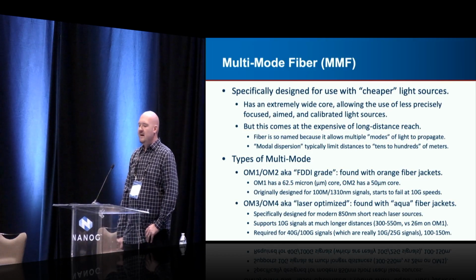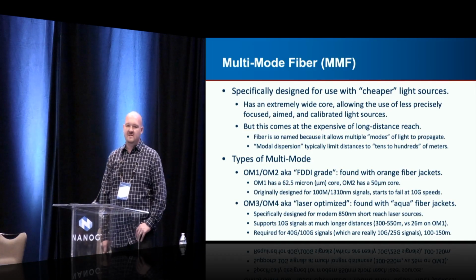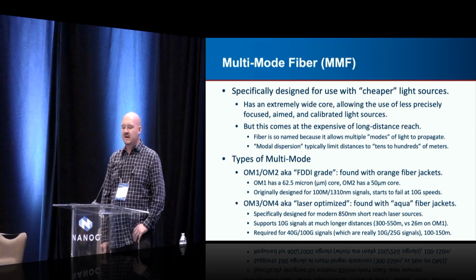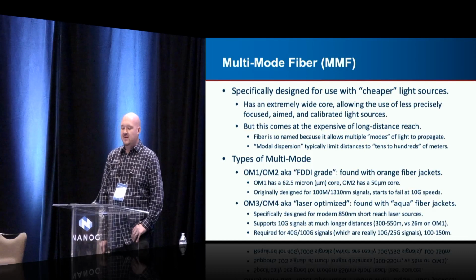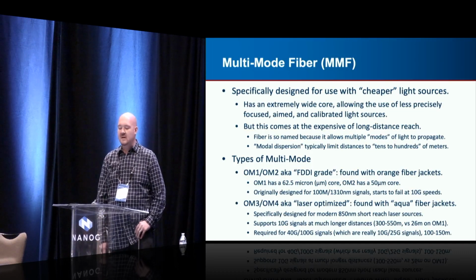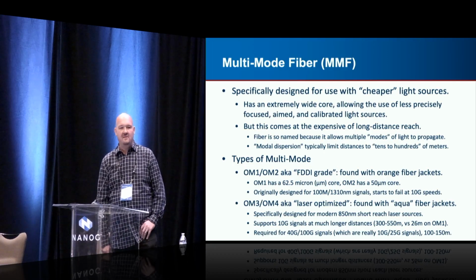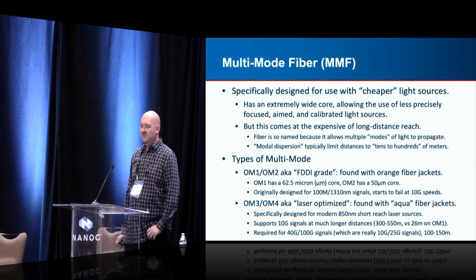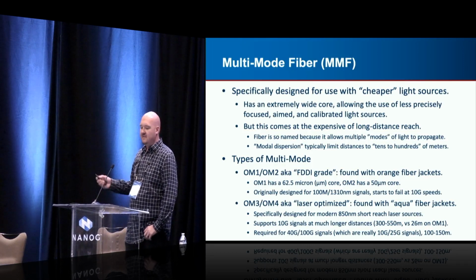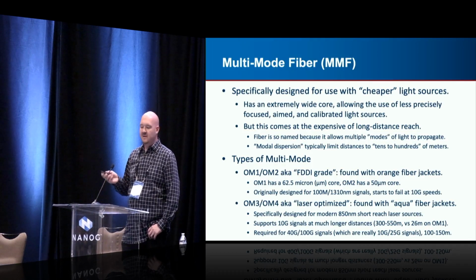It's fiber that's specifically optimized for modern laser 10 gig, 40 gig, 100 gig type signals, so it has much higher bandwidth capability. For example, on a 10 gig signal, you go from a 26 meter link to 300 to 550 meters. And if you really want to do 40 and 100 gig signals, you definitely need this kind of fiber.